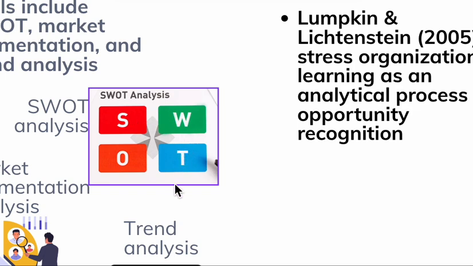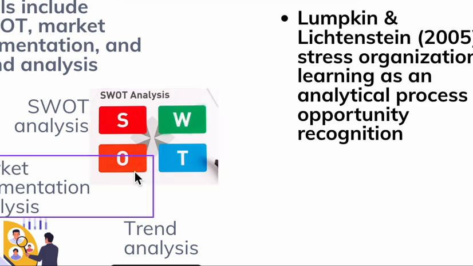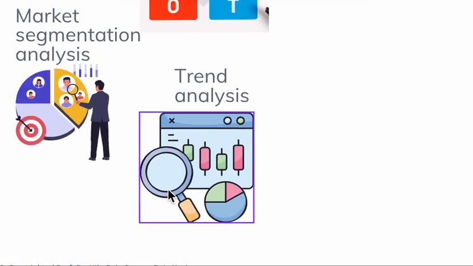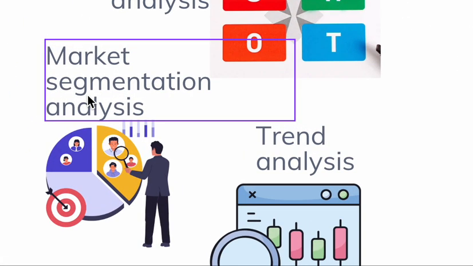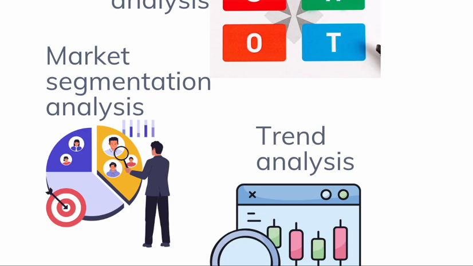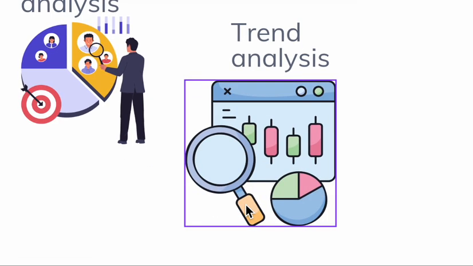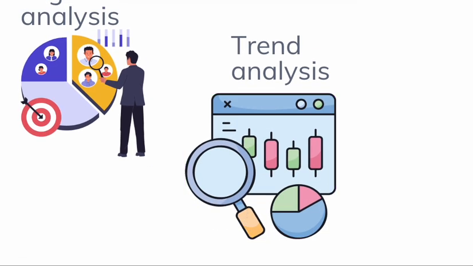You can see it helps you to assess both internal and external challenges. And then market segmentation analysis. This is about breaking down the market into groups of customers with similar needs or behavior. And also trend analysis. This involves studying broader patterns such as demographic shifts, consumer behavior, and even technology adoption.